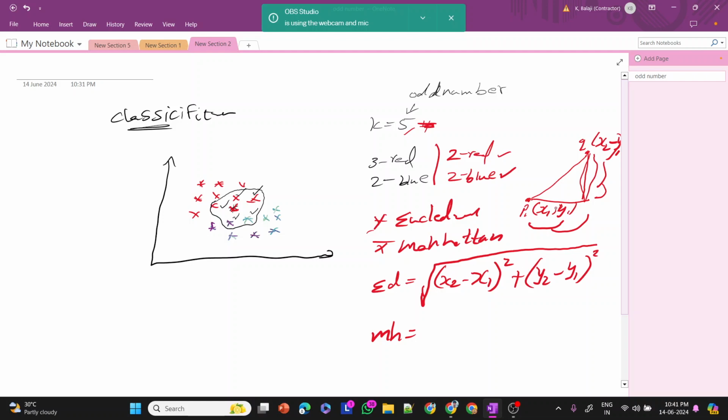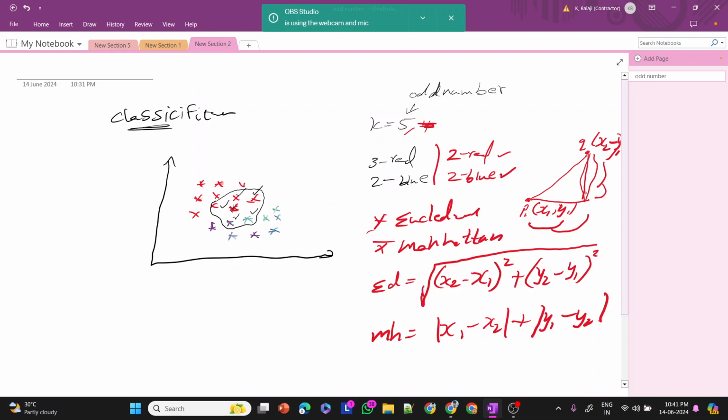To calculate this distance plus this distance, we use the formula |x1 minus x2| plus |y1 minus y2|, and we need to add up these two distances to get the distance from P to Q by using the Manhattan distance formula.